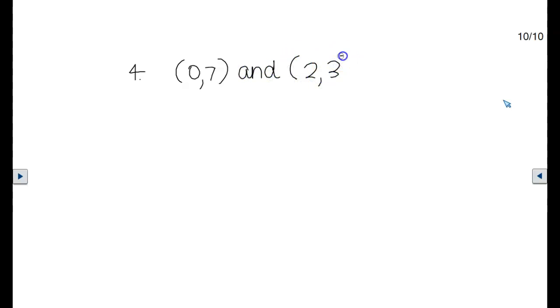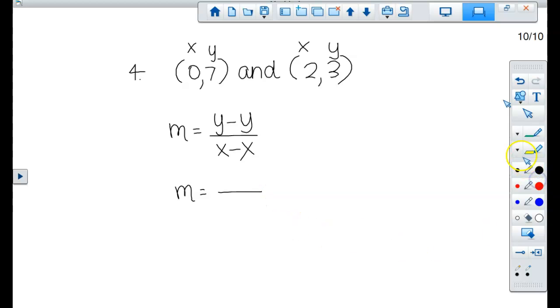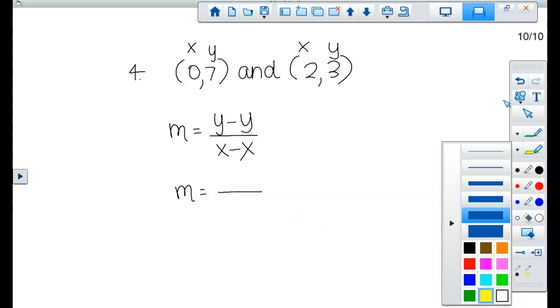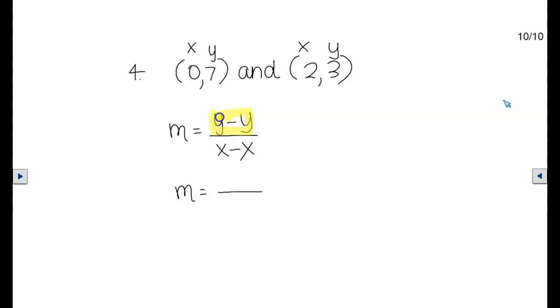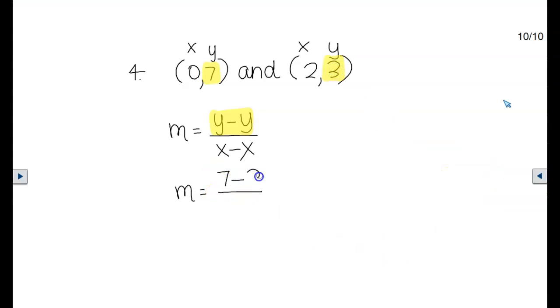All right, let's go with 0, 7, and 2, 3. X, Y, X, Y. We have ordered pairs, so we're going to do y minus y over x minus x. All right, start with y minus y. 7 and 3 are your y values, so you're going to do 7 minus 3.